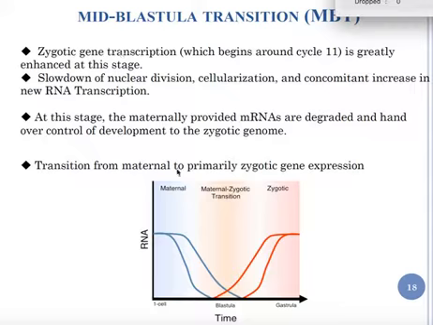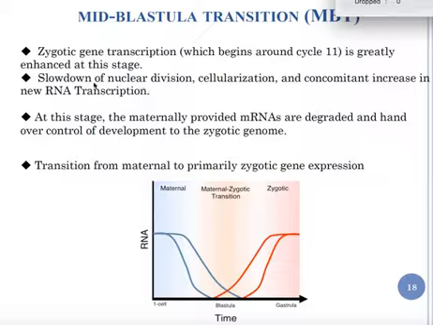So it means that a bit before the MBT stage, but by the MBT stage, the main zygotic genes will start their expression.